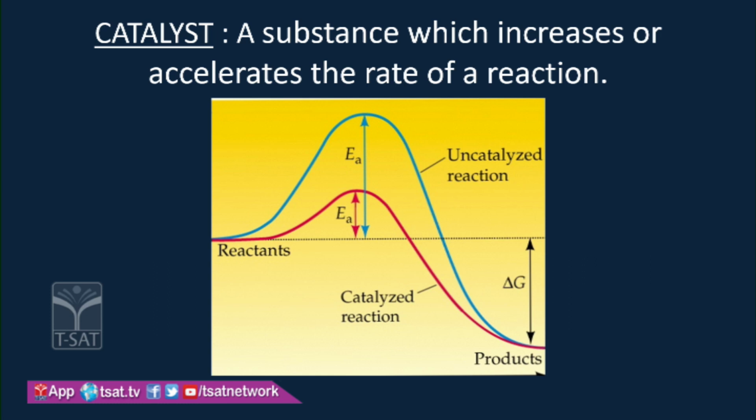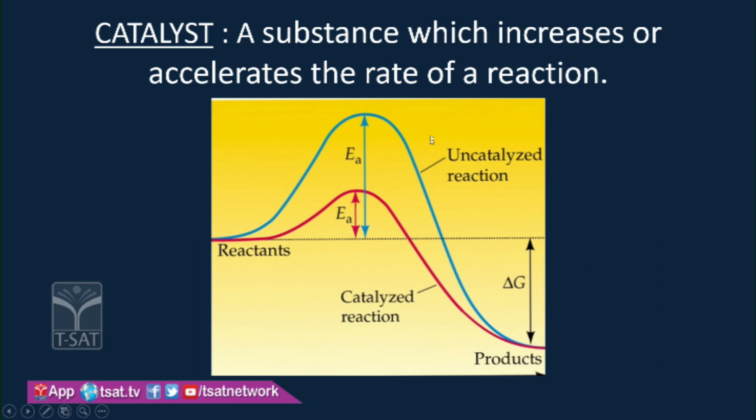Here you can see two curved lines, one of which is colored blue, right? It represents the uncatalyzed reaction, and the other curved line, colored red, represents the catalyzed reaction.